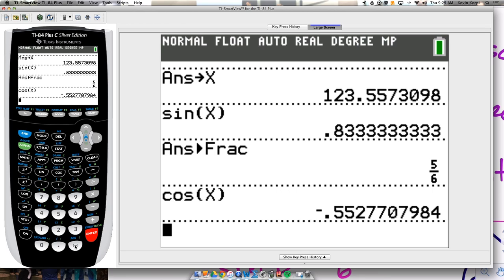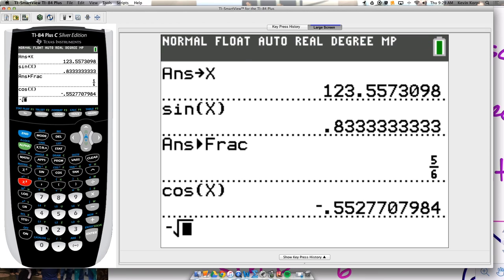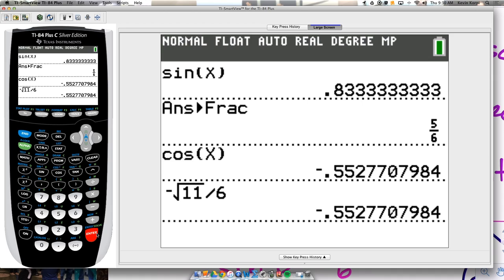Well, let's see what negative square root of 11 divided by 6 is. Make sure you're outside the radical. Should we get the same answer? I hope so. There you go. And you could verify all the others.